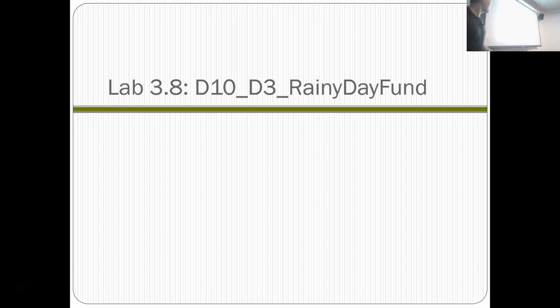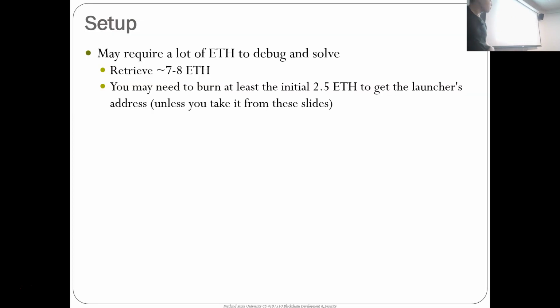Okay, so the next one is rainy day fund. This may require a lot of ETH for you to debug and solve. So pre-retrieve, maybe, well, if you're really good at following directions, it should only take you about 3 ether, 3 or 4, however much for a contract deployment.